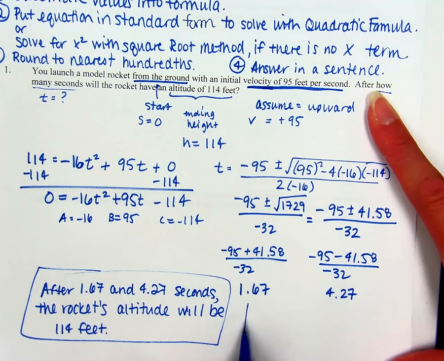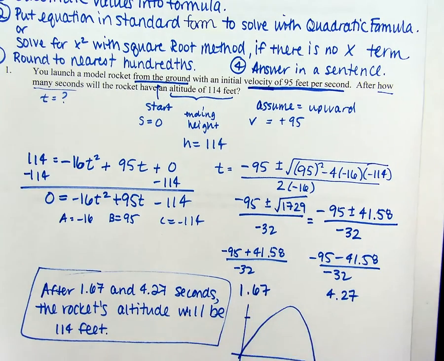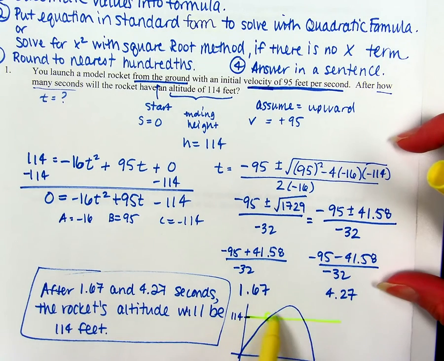All right, so that means that this rocket was launched from the ground, right, 114 feet. Let's say that that's right here. You're finding these two values.